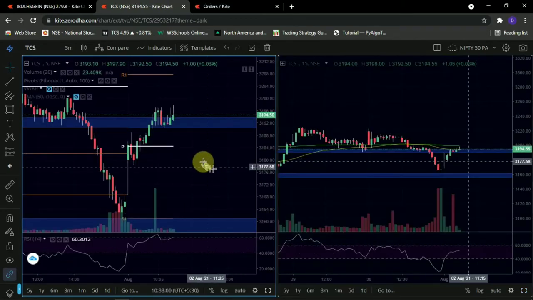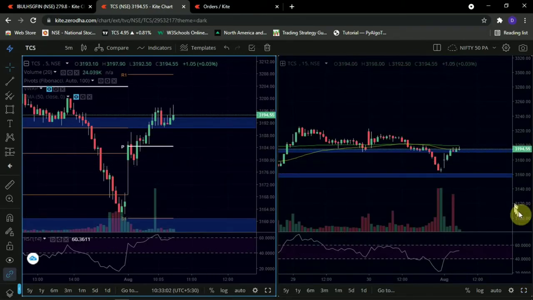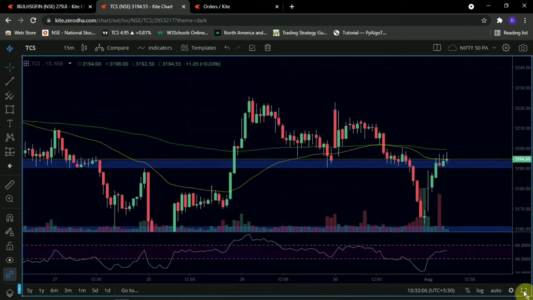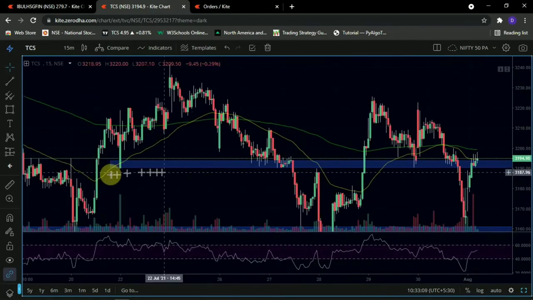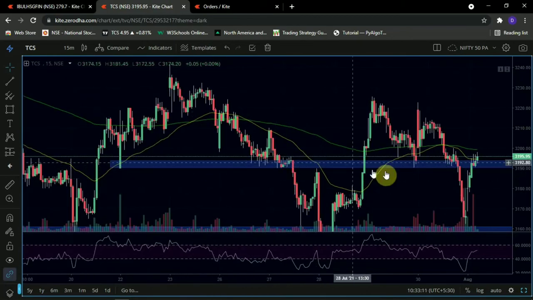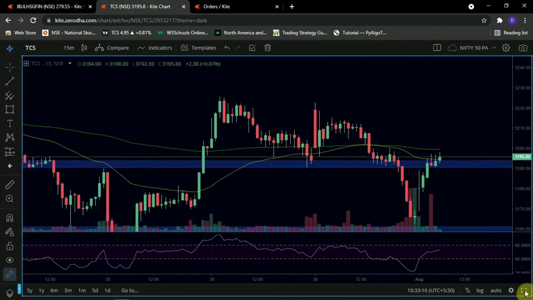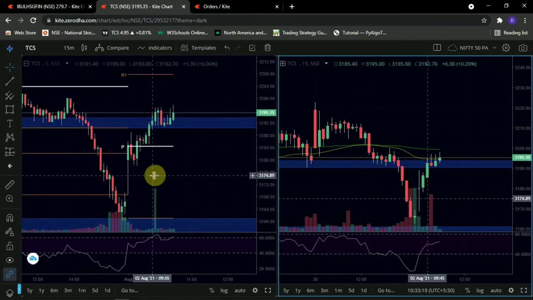So as you can see here in TCS, we were getting the signal, but also you can see this was a crucial level. It's getting rejected and it is getting moved up. It's getting support. In this candle there was a profit booking.